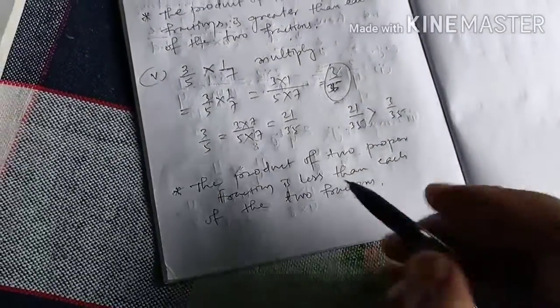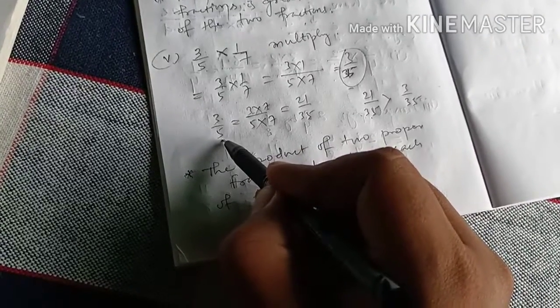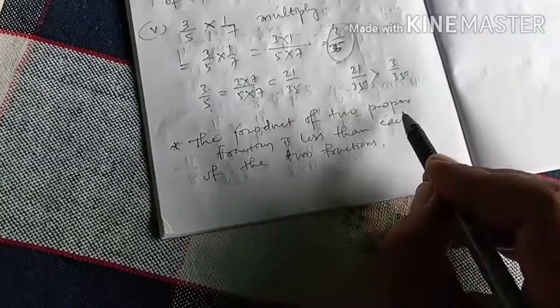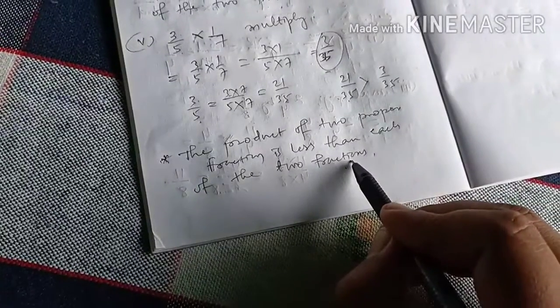And look here, 21 by 35 is equivalent to 3 by 5, which is a proper fraction. So we can say that the product of two proper fractions is always less than each of the fractions.